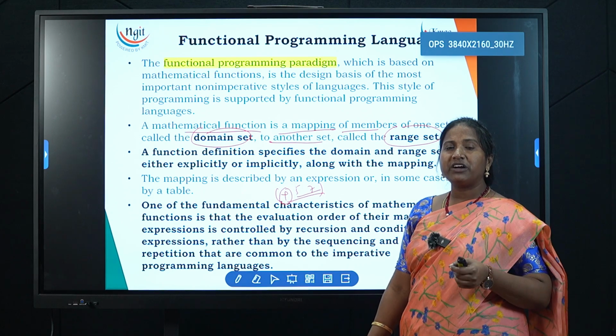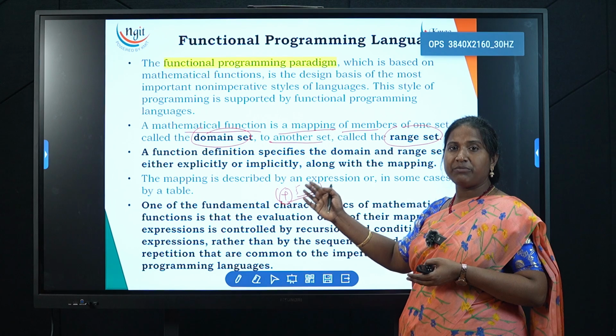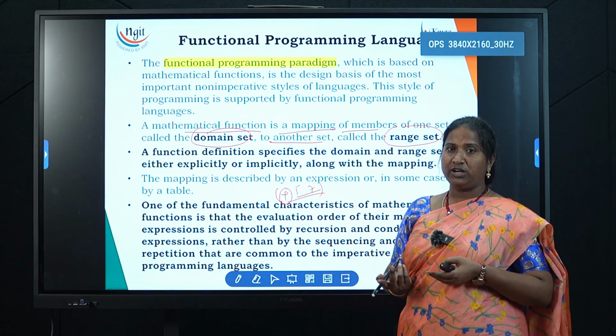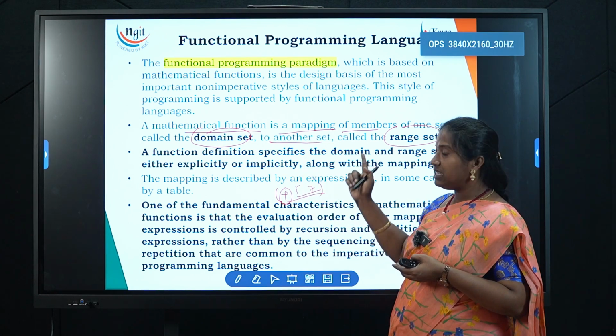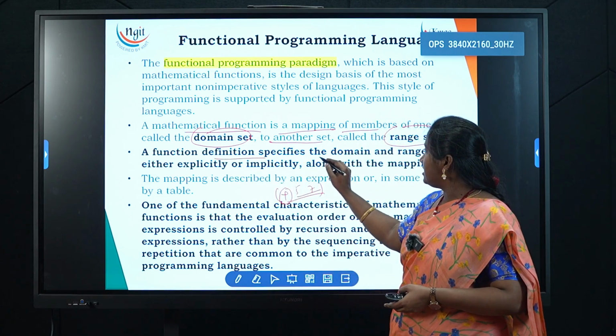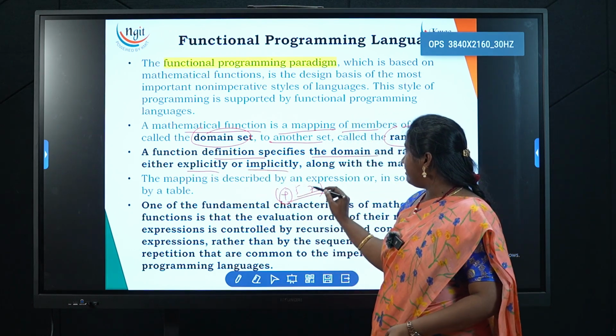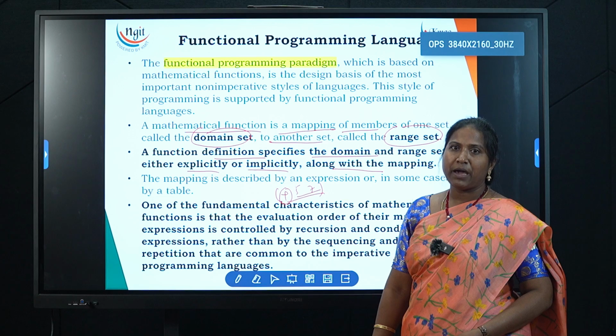So the mathematical functions we are going to write in FPL, functional programming languages, will have 2 kinds of sets. One is the domain set, the other one is the range set. A function definition specifies the domain and range sets, either explicitly or implicitly, along with the mapping.